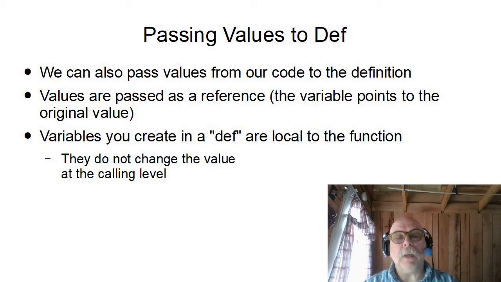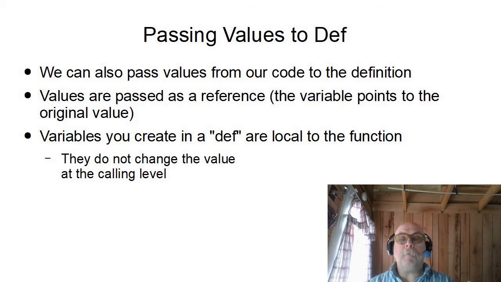A simple definition like the one you just saw is way too simple to really do anything meaningful with. So what I'm going to show now is how to pass values into a definition. In the parentheses in the definition, you can put a list of variables, and those variables are going to get values from the calling program.